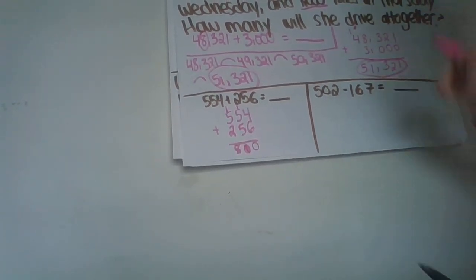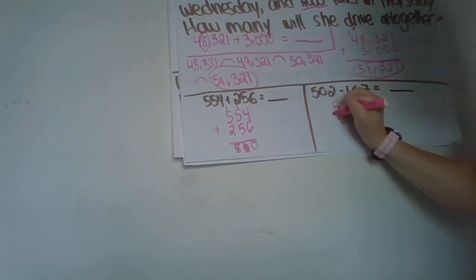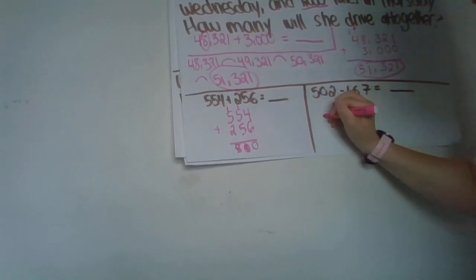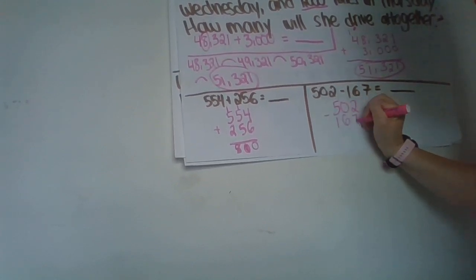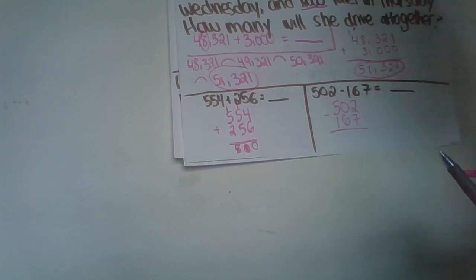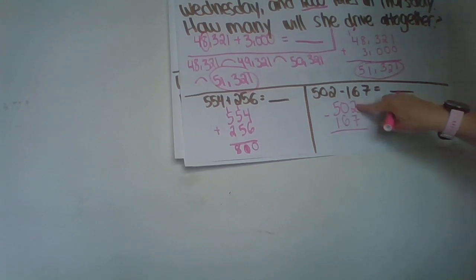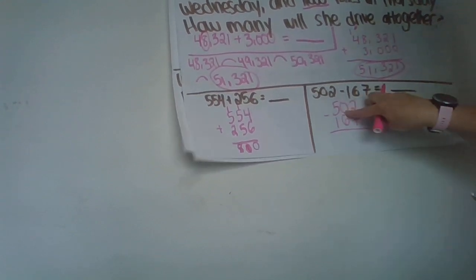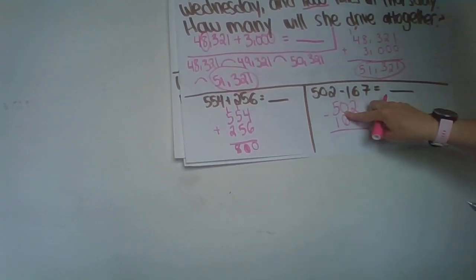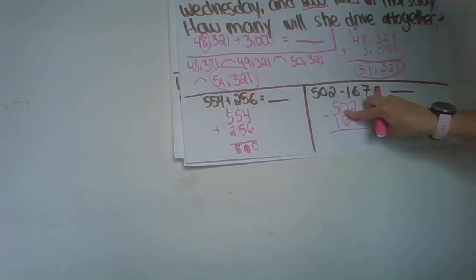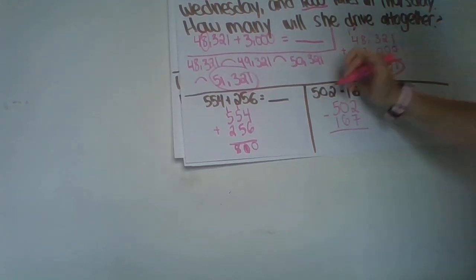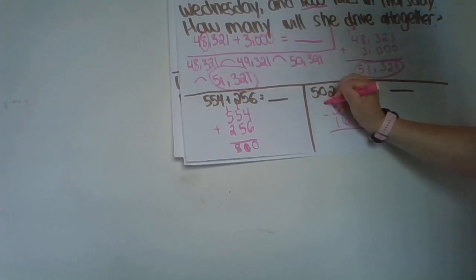This one is a subtraction problem. 502 minus 167. So when I look at this problem, I'm like, oh my gosh, I need 10 more, but I can't because there's nothing to take from here. I have to go all the way to the hundreds and take away 100.